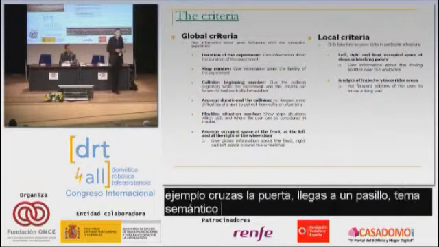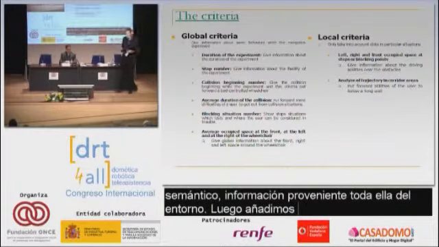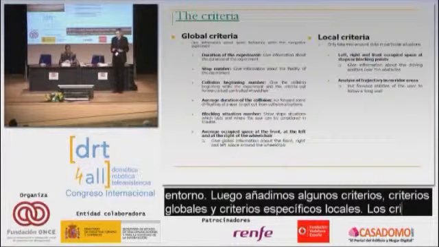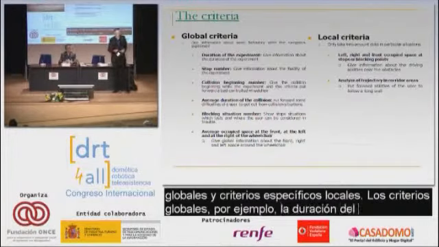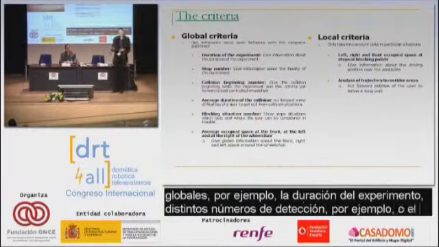And we have some criteria. Global criteria and local, specific criteria. Global criteria, for example, the duration of the experiment, the number of stops, or the number of collisions, and so on. Some criteria we use to compute the best behavior. And we make a reasoning, every time based on fuzzy logic.